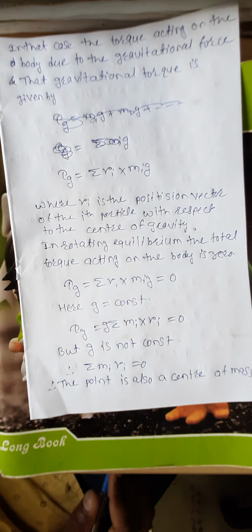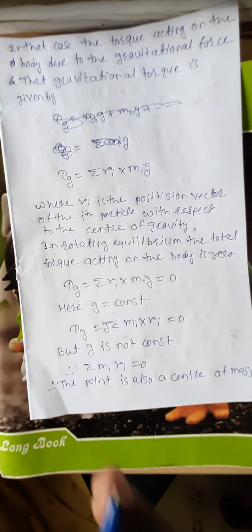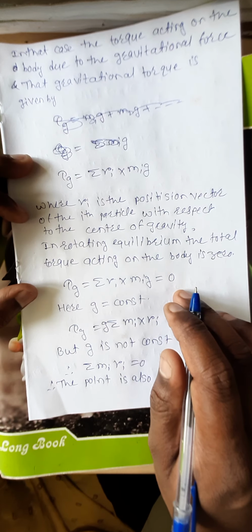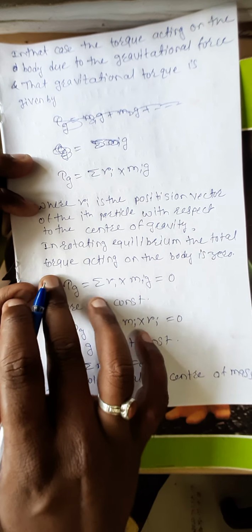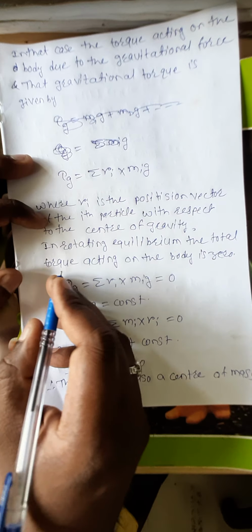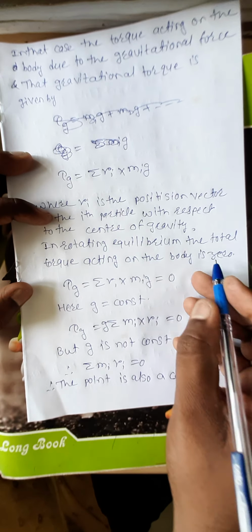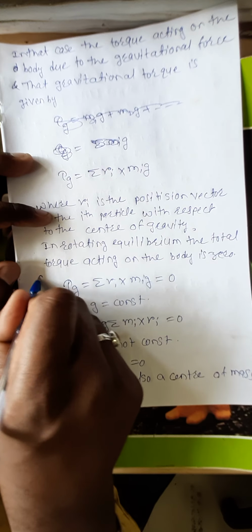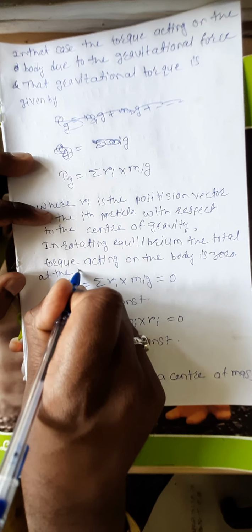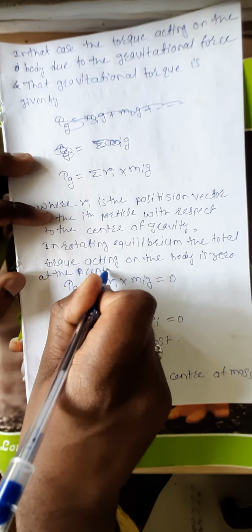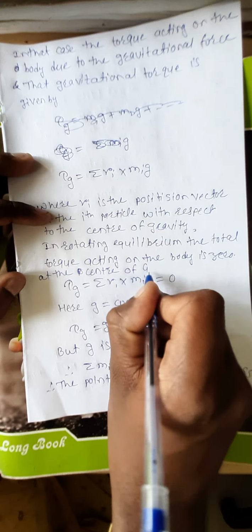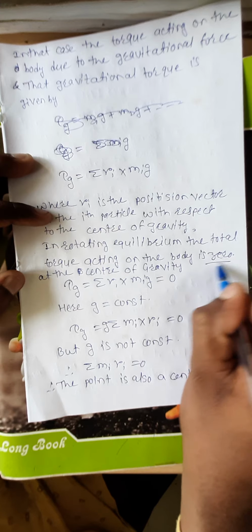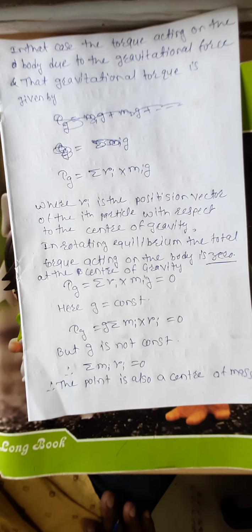Means at the center of gravity, whatever torque is there, that torque is 0. In rotating equilibrium the total torque acting on a body is 0 at the center of mass, at the center of gravity.